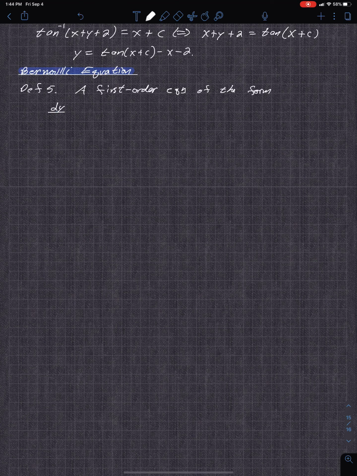dy/dx plus p of x y equal to q of x y to the n, where q of x and p of x are continuous on an open interval, so they're continuous on an open interval a to b.